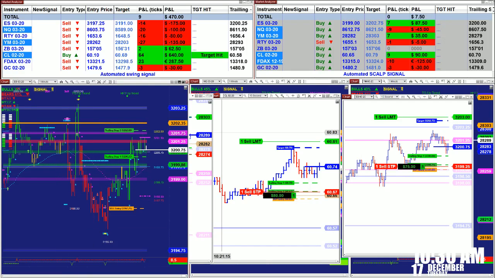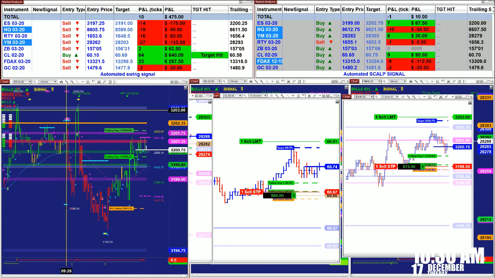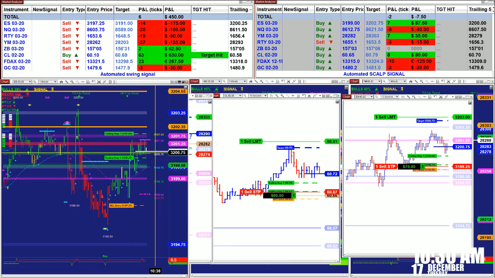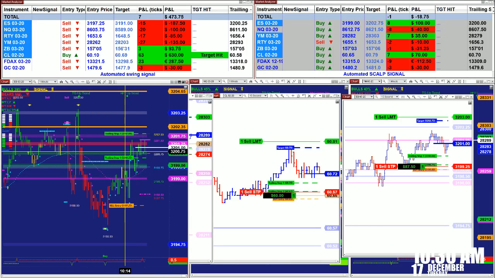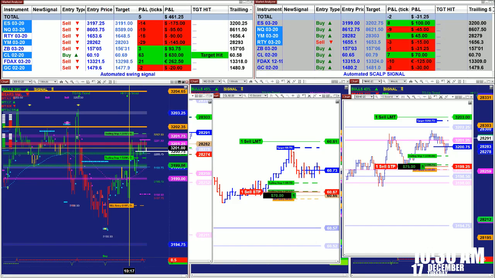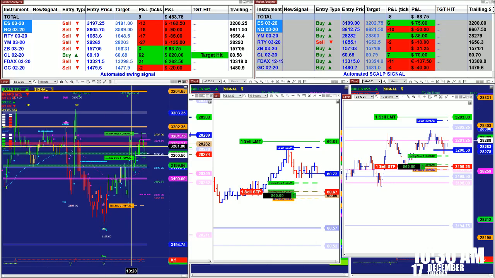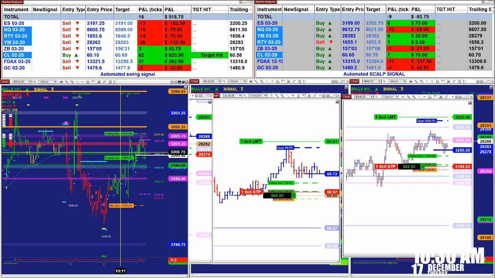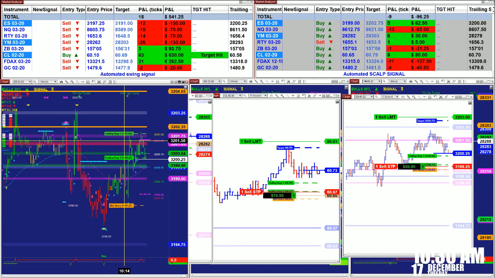Why? If we look at the ES, it is stuck between those channel support and resistance, and there are a lot of lines. It's not open. So it is very tight between the support and the resistance.